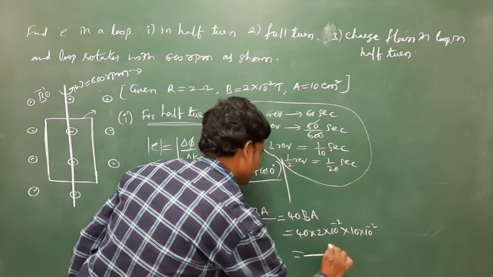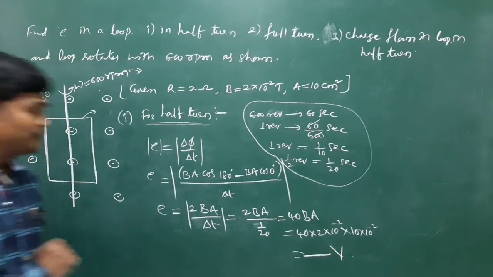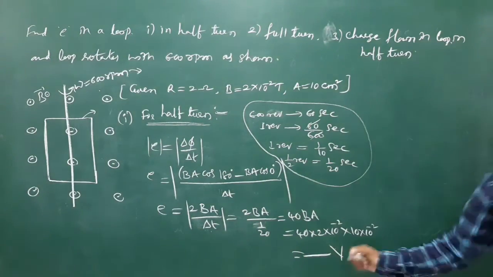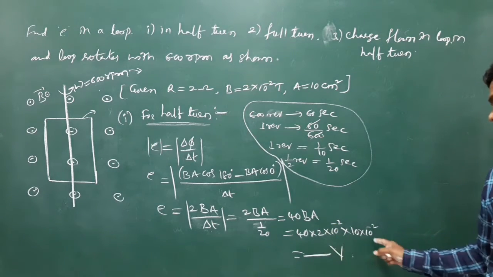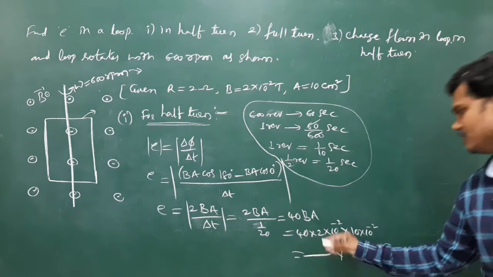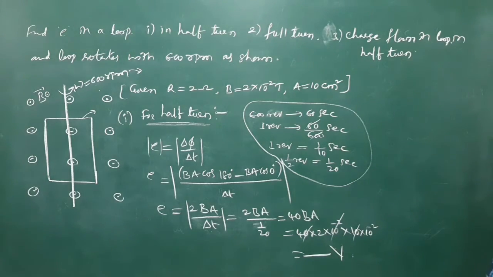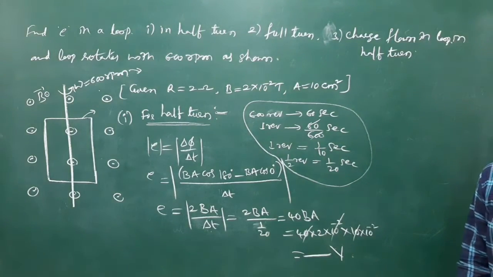You will get the answer in volts. So this is the induced EMF for a half turn, which comes to 8 into 10 raised to minus 2 volt.